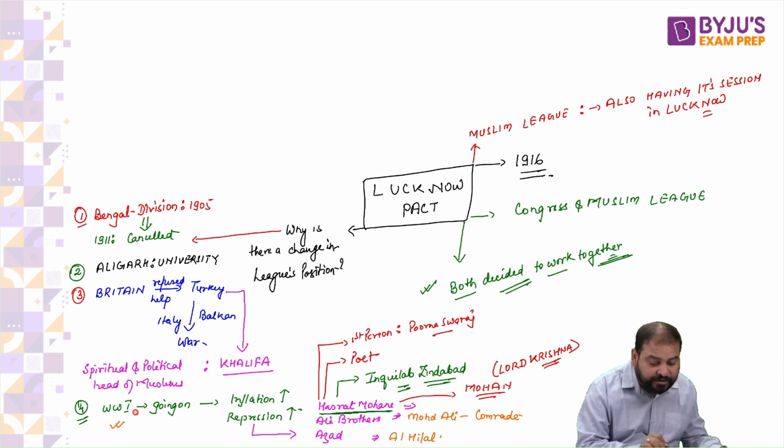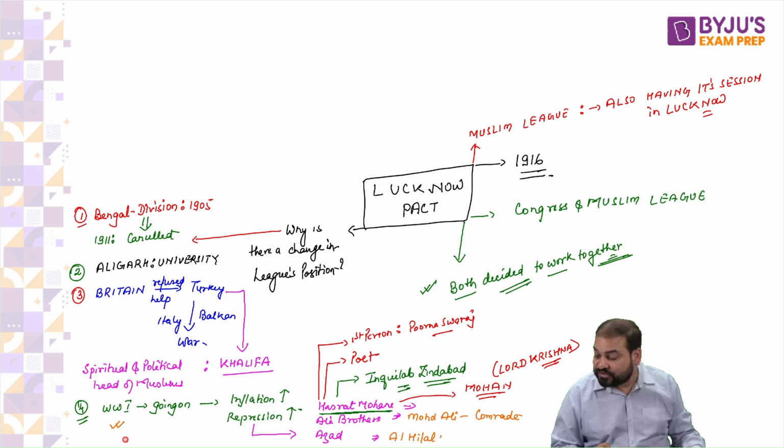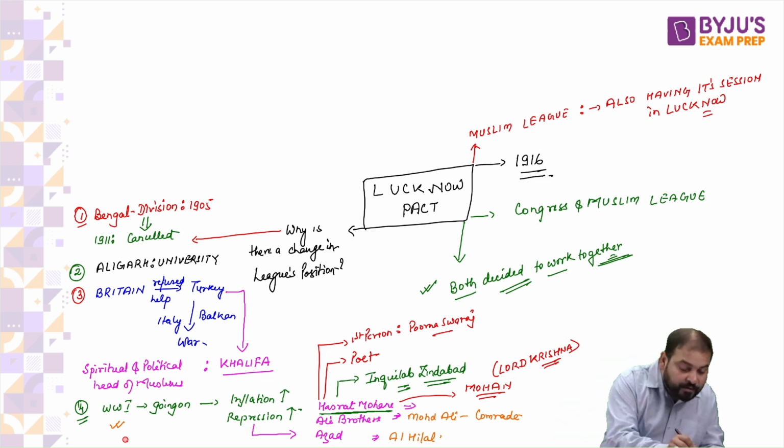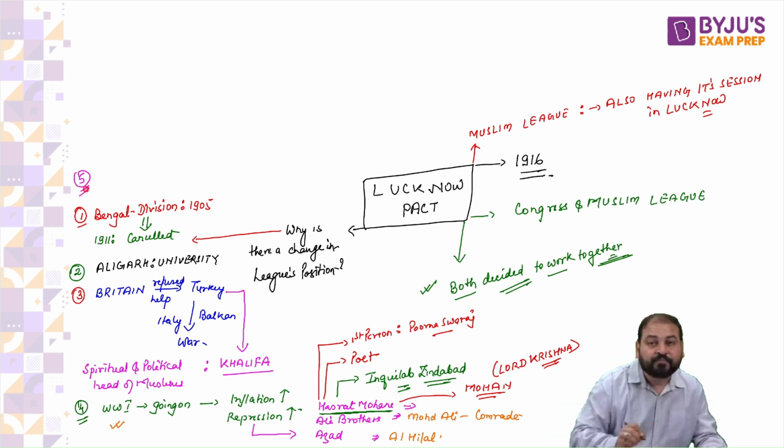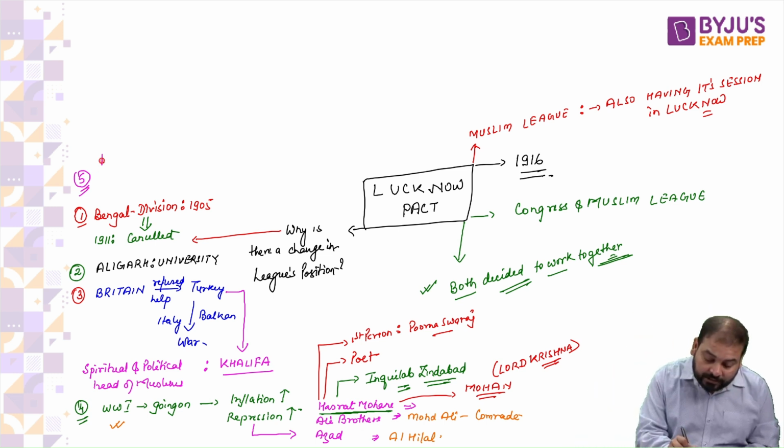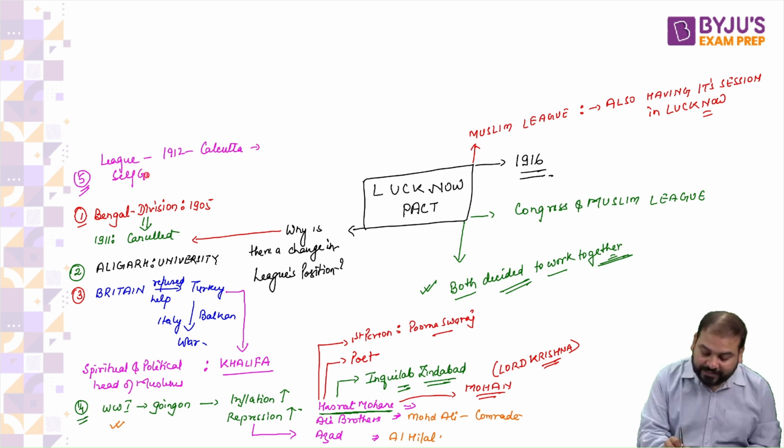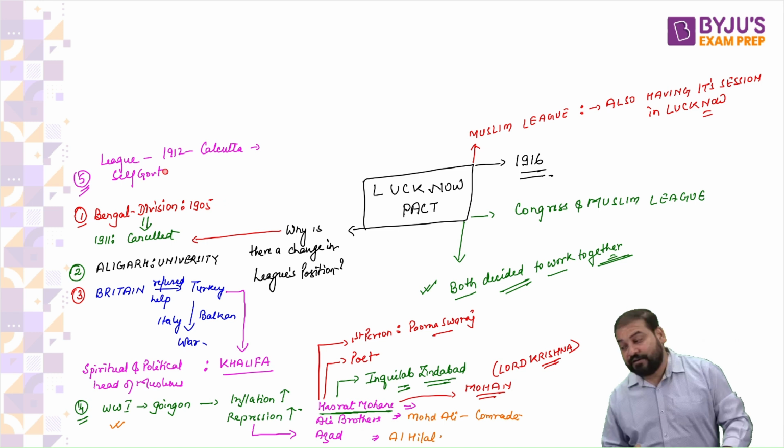The last reason why the League has changed its stance right now is the fifth reason. That is, guys, the League in its 1912 Calcutta session announced that they also want self-government.